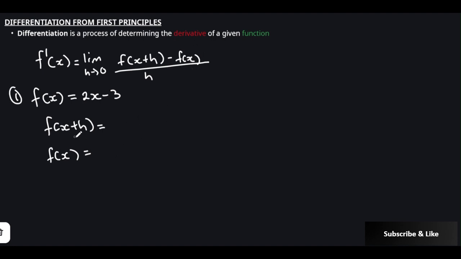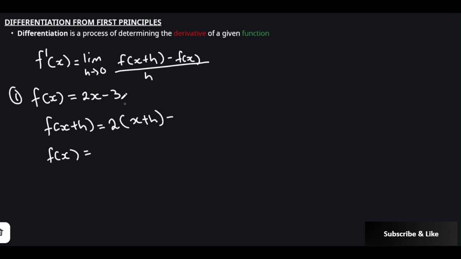So for f of x plus h, what you have to do, guys, this is so simple. If you can see, you have your equation there, which is your original equation. You just have to go in your equation, and everywhere where you see x, you are going to replace your x with x plus h. So let's go to our original equation. We have 2x, so we just go in there, open brackets, and replace our x with x plus h.